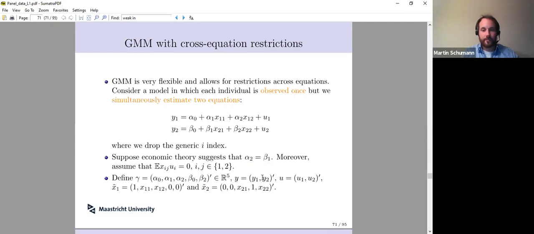We also stack the y's, we stack the u's, and we define x1 tilde, which contains all the variables for the first equation. And we do the same thing for x2. But notice, especially the way x2 is written, those are written in such a way that if we take x1 prime gamma, we get the first equation, and x2 prime gamma should give us the second equation.